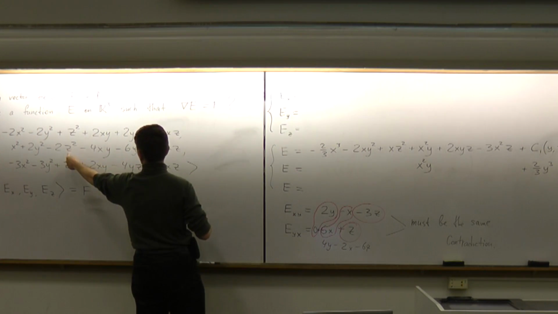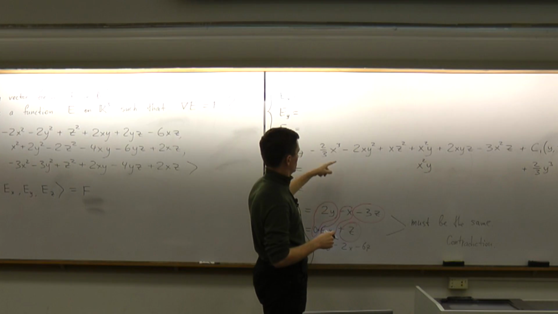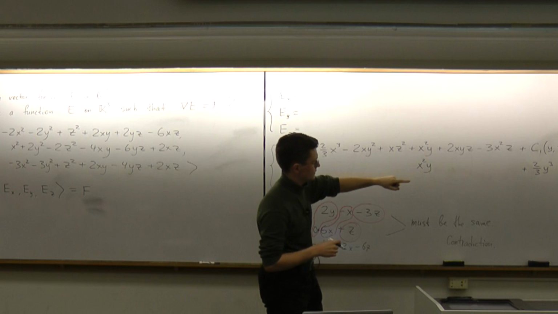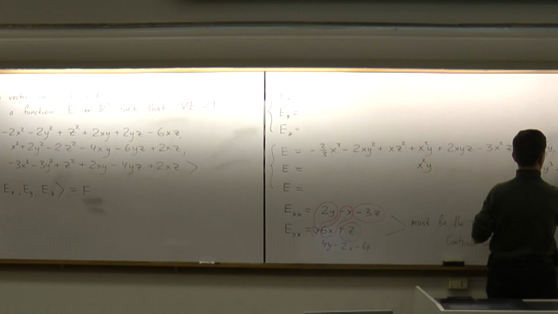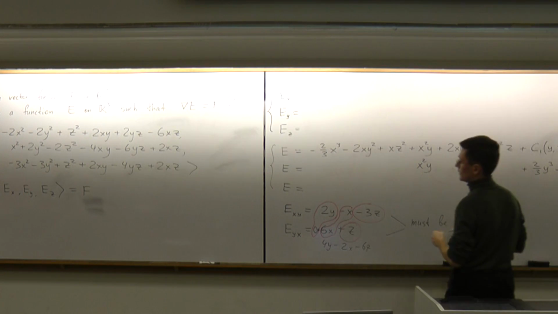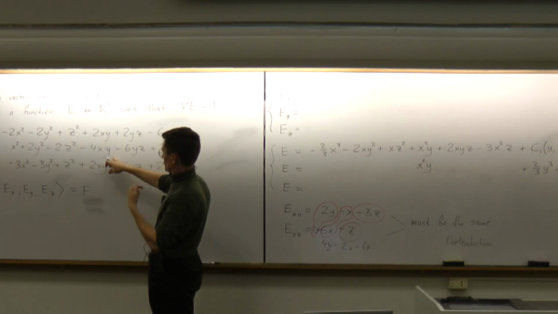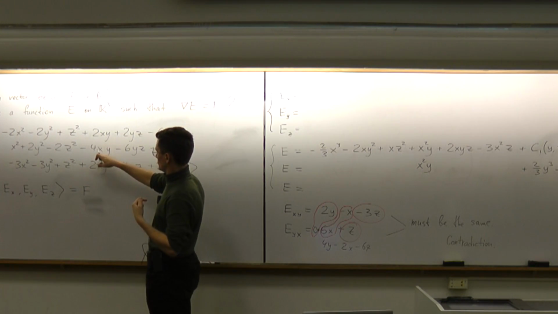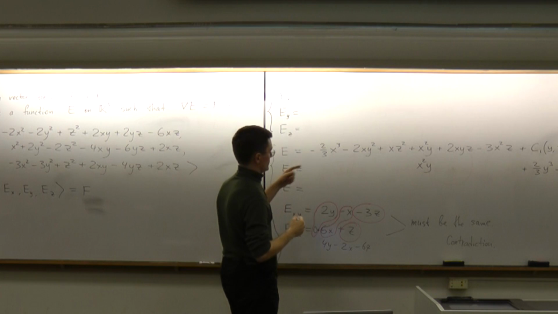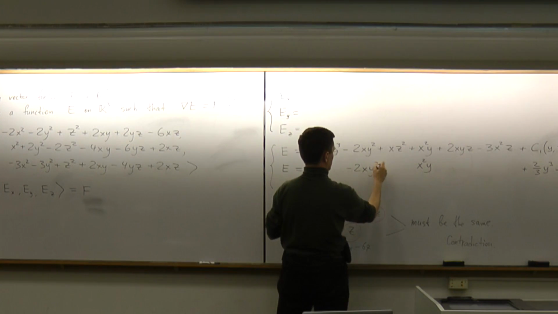Integral of minus 2z squared with respect to y is negative 2yz squared. I don't see such a thing there in the first. So negative 2yz squared. Antiderivative of negative 4xy with respect to y is negative 2xy squared. Negative 2xy squared matches something I have already.